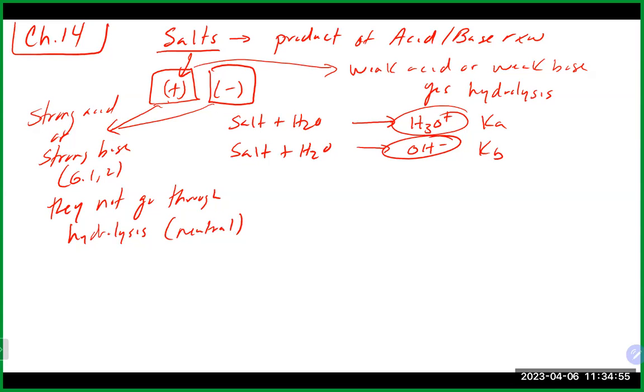So we had some examples this morning during lab that we did. And that's the key thing. We also talked about this morning, if you have something that has the ability to go either way, either produce hydroxide by accepting an H plus or produce H3O plus by donating an H plus, you do need to compare your Kb and your Ka values.